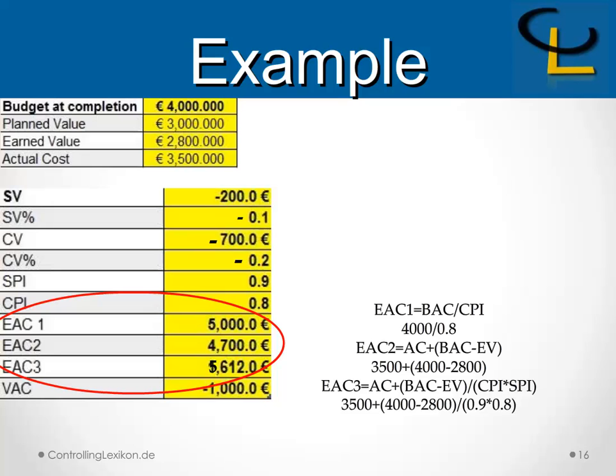And the third type of estimate at completion, which is the actual cost plus the difference between BAC and EV divided by the multiplication of the cost performance index with the schedule performance index. The result is shown below, which is 5,612.